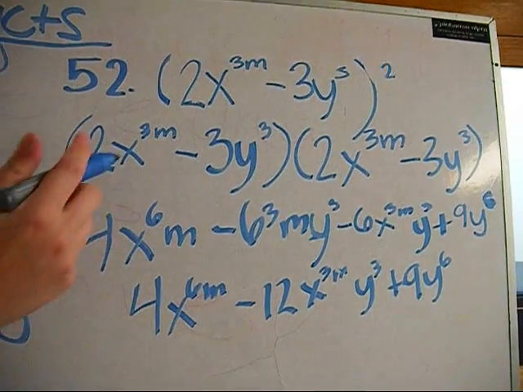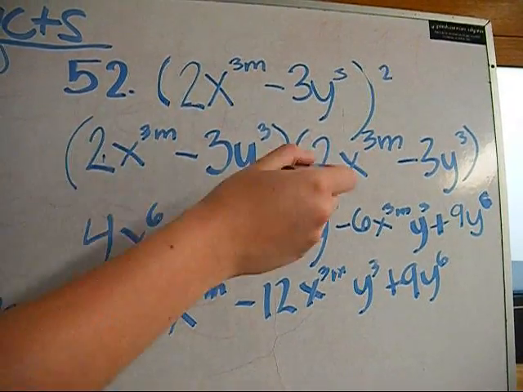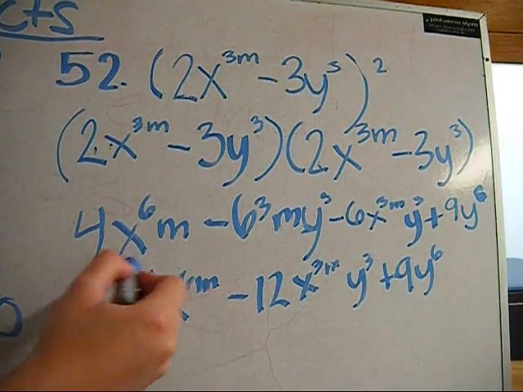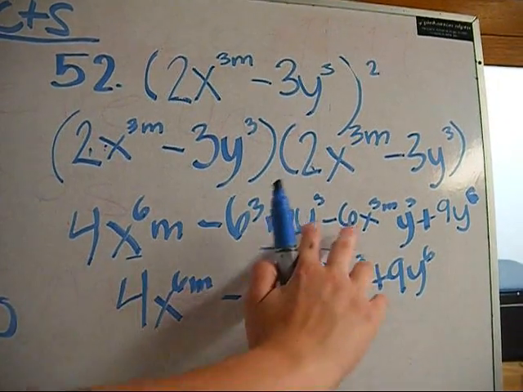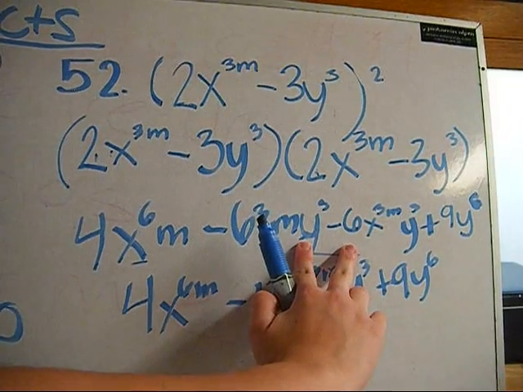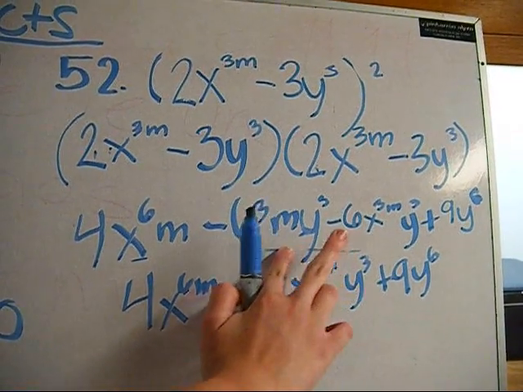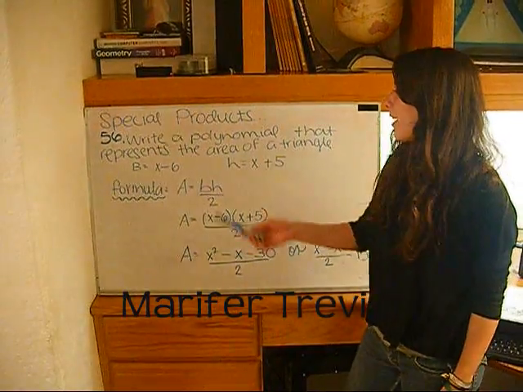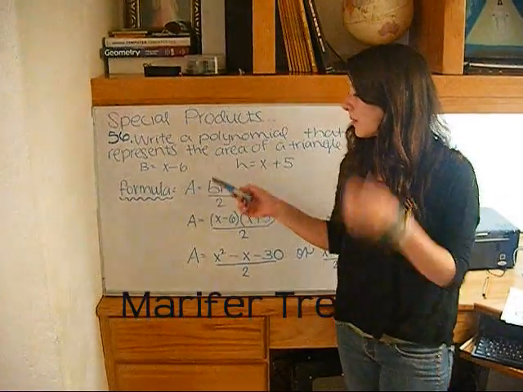So we're going to multiply, we're going to use FOIL, like this times this, this times this, and this times this, this times this. And we're going to get this answer. And now with the ones that have the same variables, we're going to simplify them, and we're going to have this final answer.